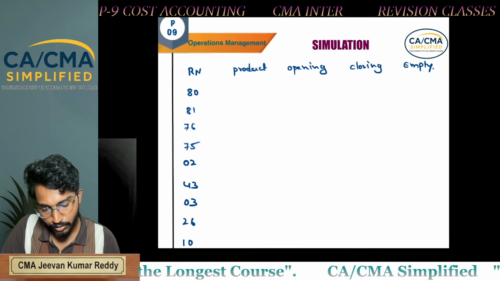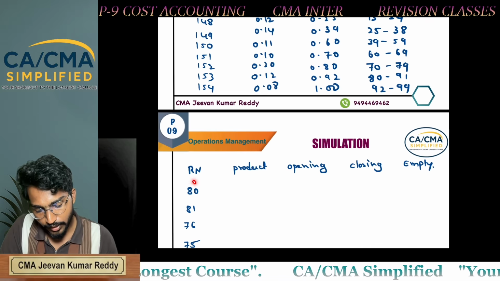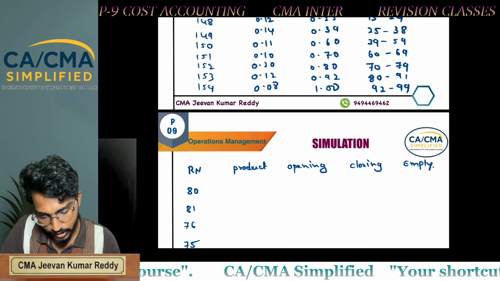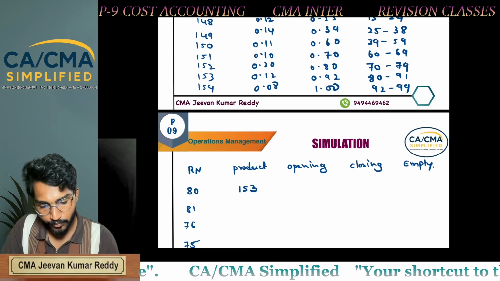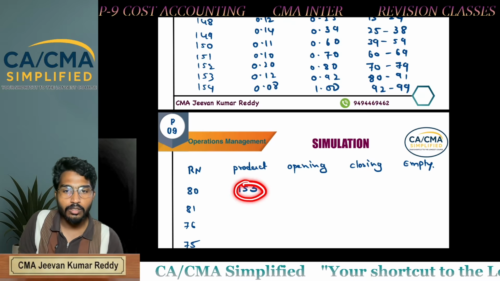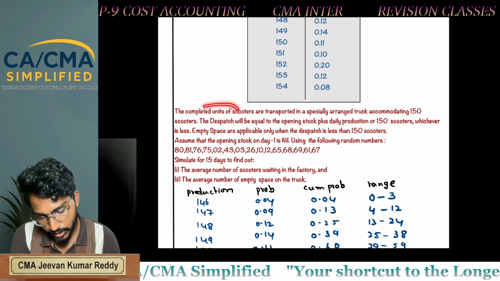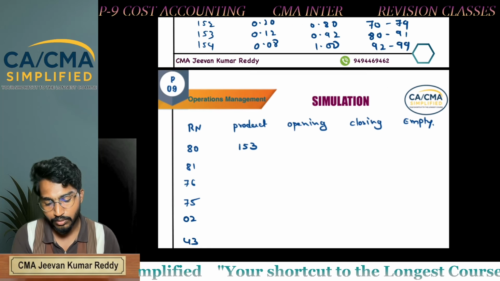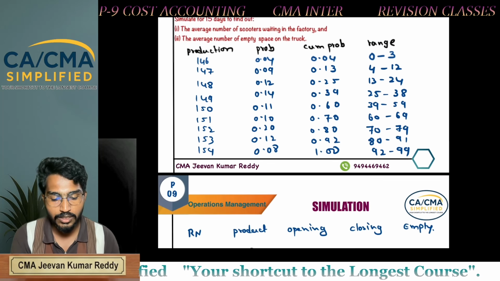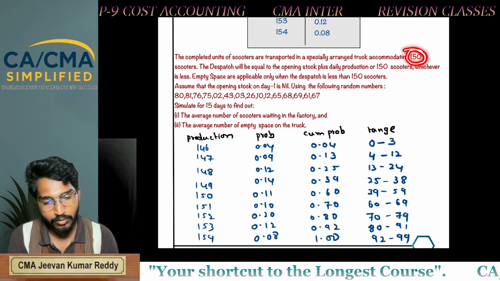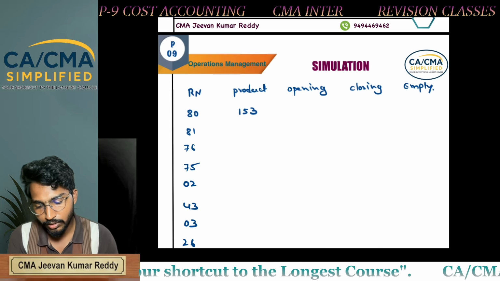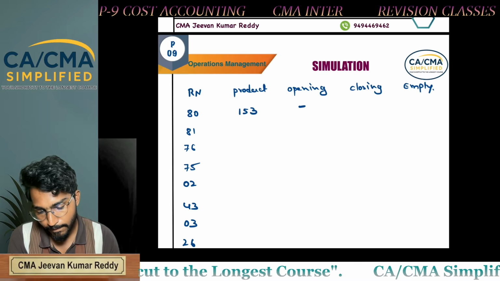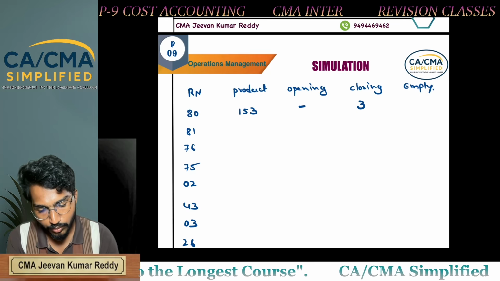Next, production. What is the random number? 80. 80 lies between 80 and 91, so production is 153. Today we produced 153, and the opening stock on day 1 is nil. The space available in the truck is 150. There is no opening stock, so closing is 3.